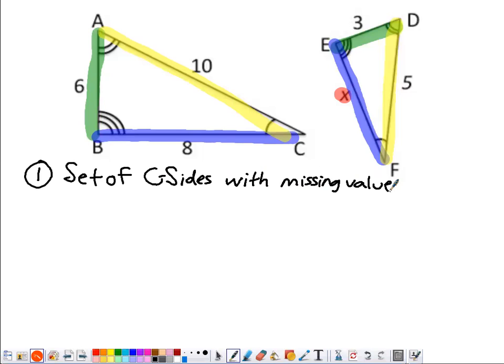It needs to have the missing value. I want it to look like this. Put a set of corresponding sides with the missing value. What you got, Hayden? B, C, and E, F. I'm gonna have B, C over E, F.